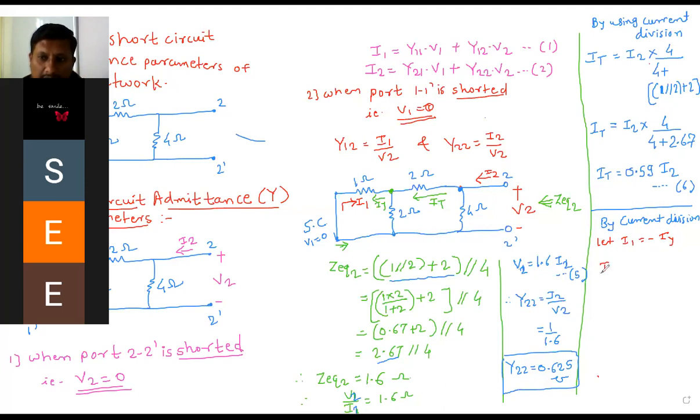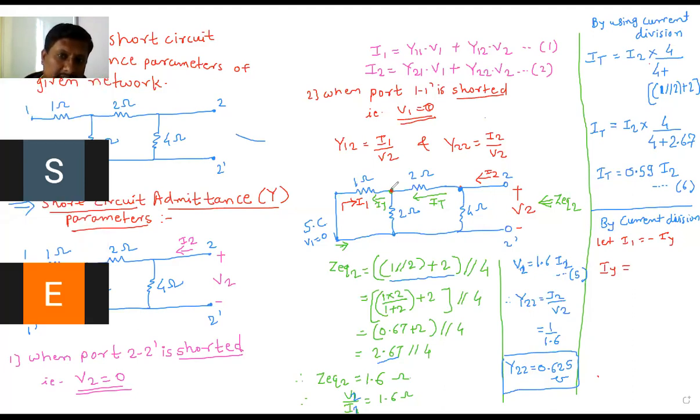So IY I will find out now by using current division. IY म्हणजे इथपर्यंत काय येणार आहे, IT येणार आहे. Up to this point current IT is flowing. तो डिवाइड होणार आहे, काही करंट 2 मध्ये जाणार, काही करंट 1 ओम मधून जाणार. जे 1 ओम मधून जाणार आहे दॅट इज द IY. IY is nothing but minus I1. That we are going to find out.